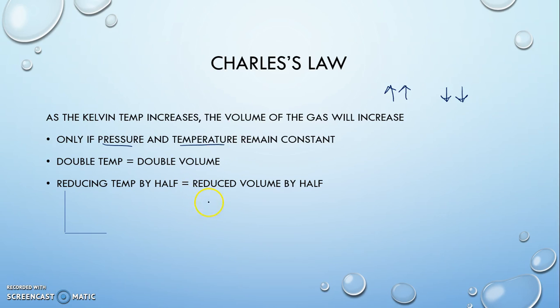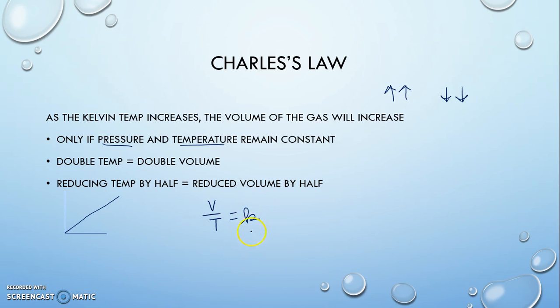All right, so in a direct proportion, we have volume divided by temperature. Since if you increase one by 1, you increase the other by 1, it's going to give you a line that looks like this. To get this, it would be rise over run, which would be volume over temperature, right? That's going to be equal to a constant.